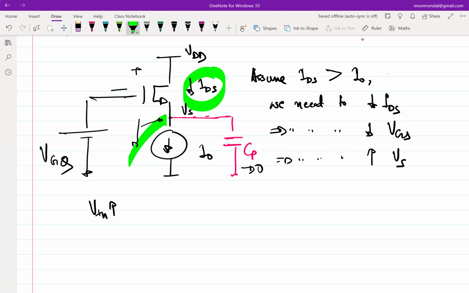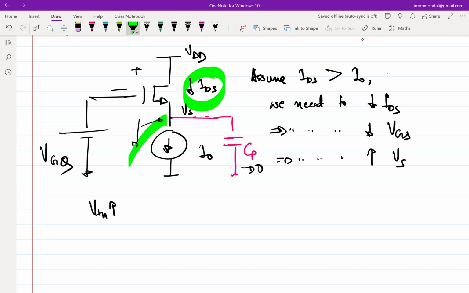I0 is not changing, but IDS is decreasing, which means you are pulling more charge out of that node than you are pushing in, so the source voltage is going to decrease. You see that? The moment the source voltage decreases, what is happening to VGS? That is increasing. If VGS increases, IDS then goes back up. Right? So there is an inherent corrective action.